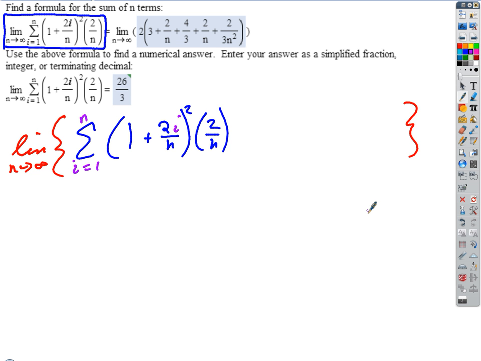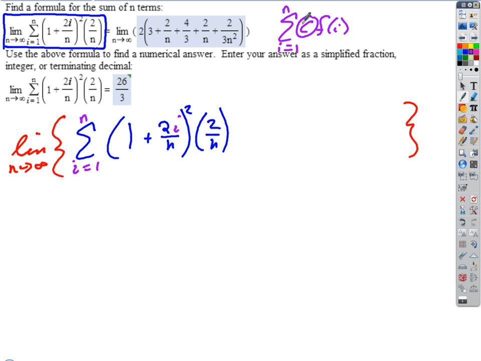Remember that we have some properties of sigma notation. We looked at some stuff last week where we said if we do something like this, if we say the sum of some constant times some function of i, as i goes from 1 to n, what can we do with that constant? Move it out front.